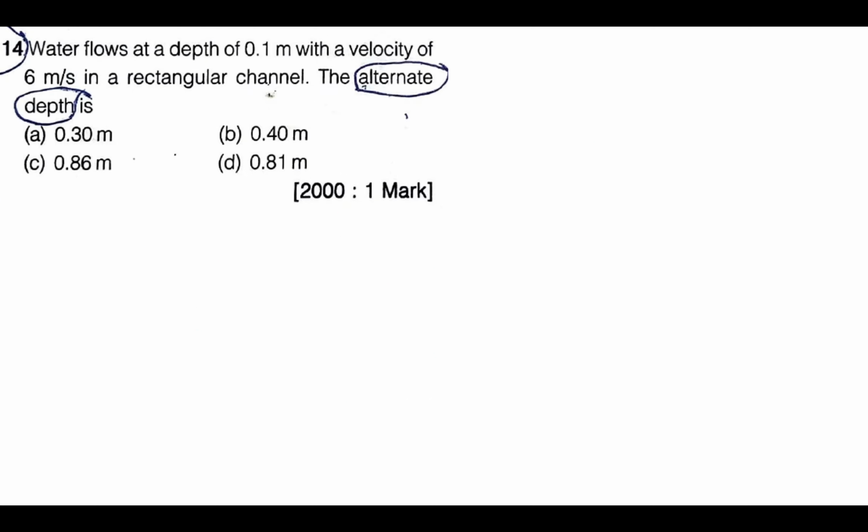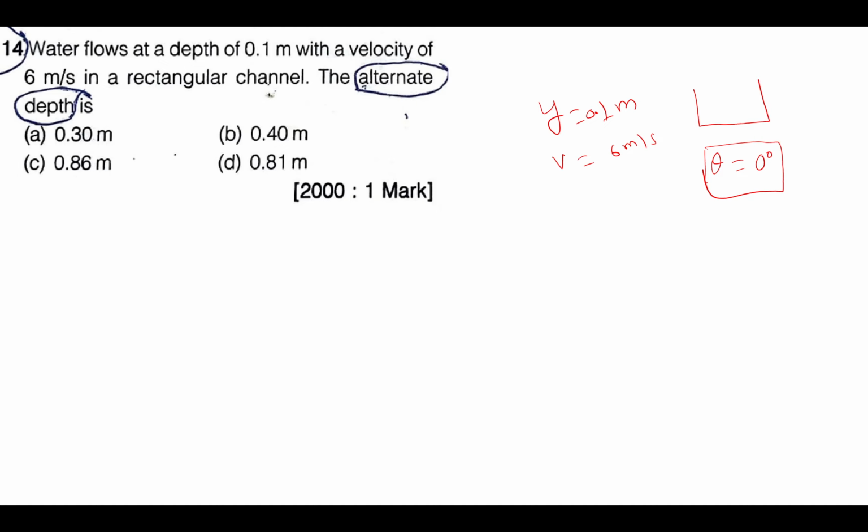Now moving ahead. Water flows at a depth of 0.1 meter with a velocity of 6 meter per second in a rectangular channel. Whether the slope will be 0 or any slope value, we don't know actually, so we'll consider here the slope is 0.